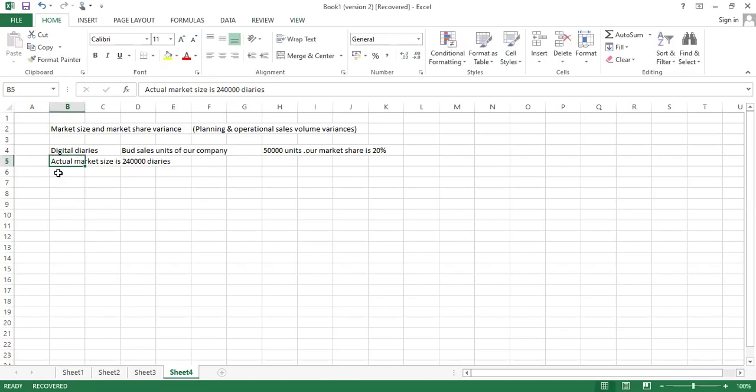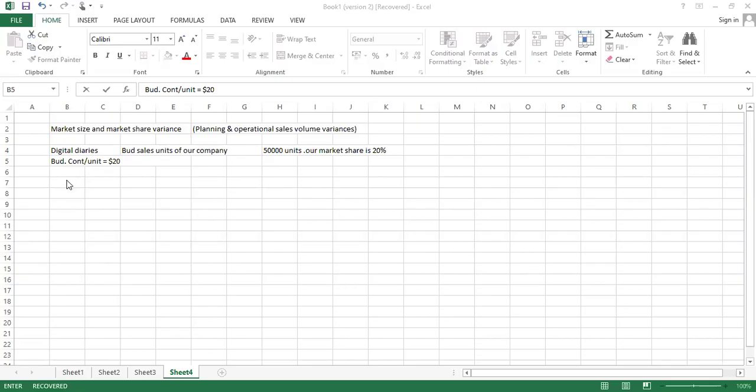And we say that budgeted contribution per unit is equal to $20. So what you need to learn, in your MCQs, maybe in BPP and Kaplan both, or in one of the exam kits, MCQs or OTQs are given in this form.